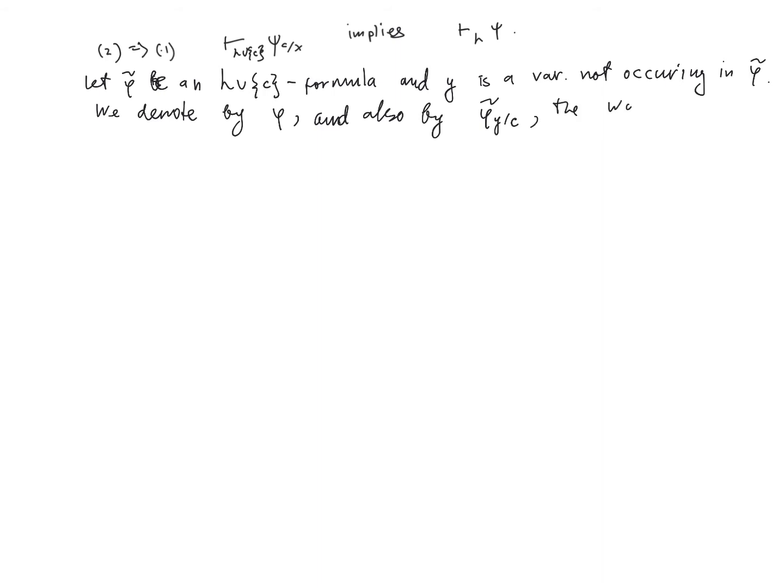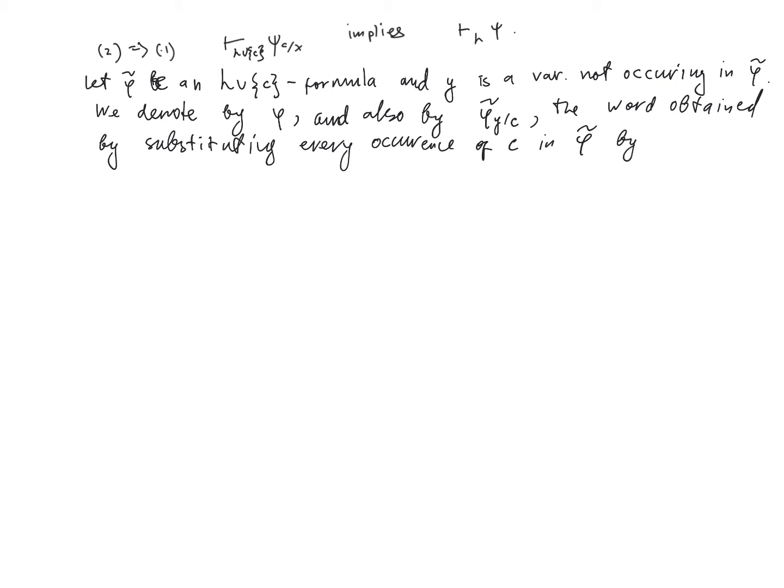the word obtained by substituting every occurrence of c in the formula phi tilde, which remember is a formula in the language L together with the constant symbols, by the variable y.